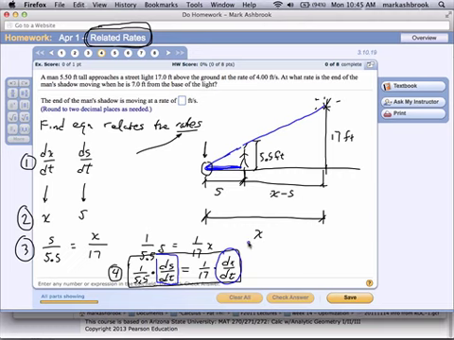No, we don't know dx dt. We know dx minus s. Okay, so what now? The thing we haven't used yet is that the man is walking 4 feet per second, right?